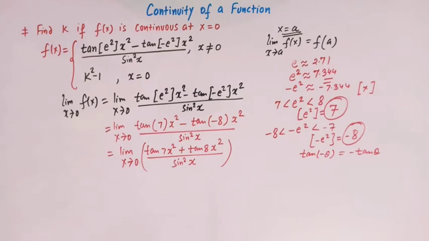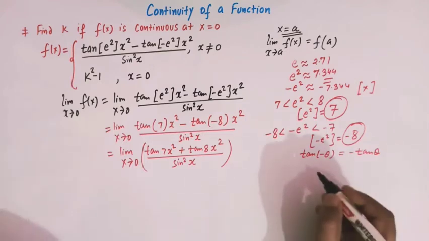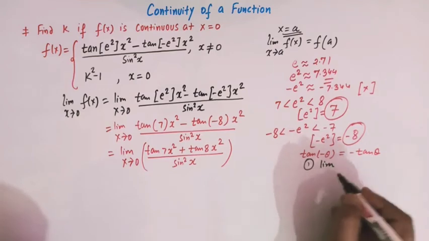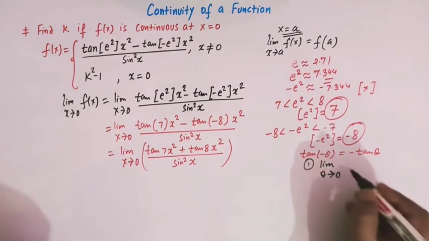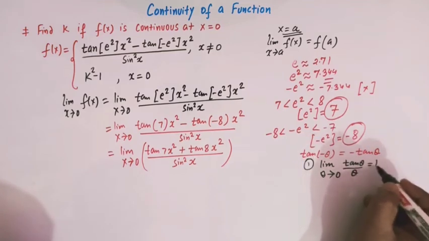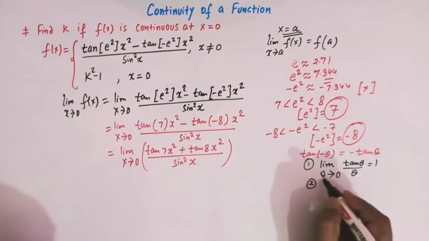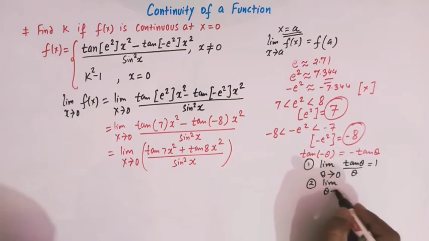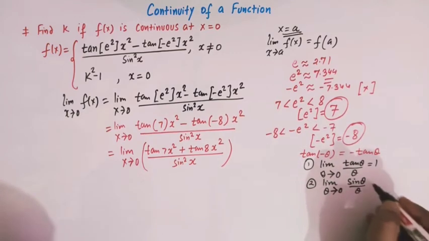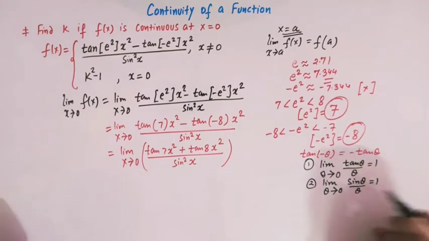important results from limits. The first one is limit theta tends to 0 of tan theta over theta is equal to 1, and the second one is limit theta tends to 0 of sine theta over theta is equal to 1, right?